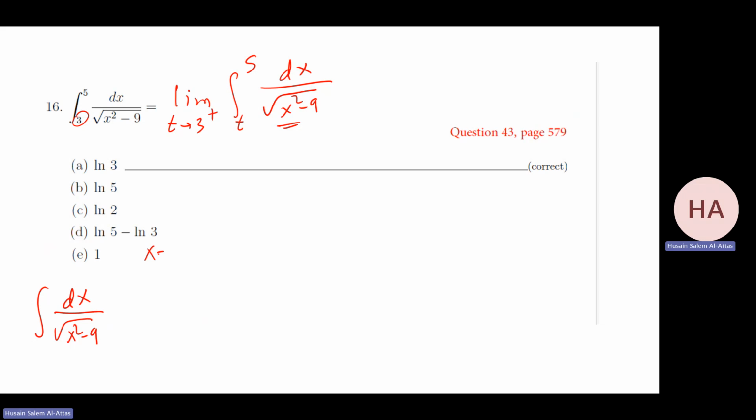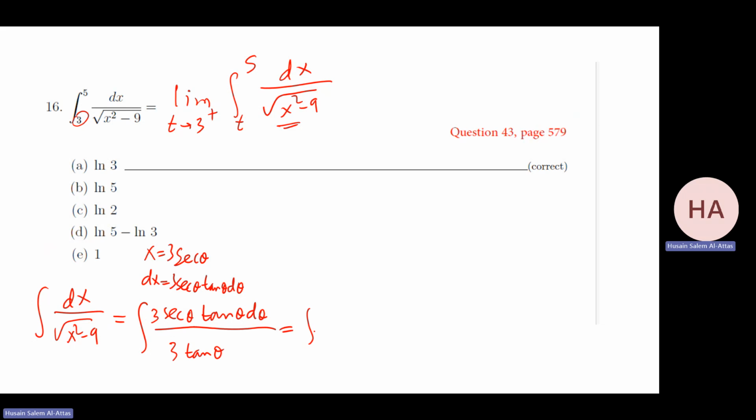So if I let x equal 3 secant theta, dx will be 3 secant theta tan theta d theta. So this integral will be 3 secant theta tan theta d theta over, this is 3 tan theta. So that would be secant theta d theta, which is ln of secant theta plus tan theta plus c.